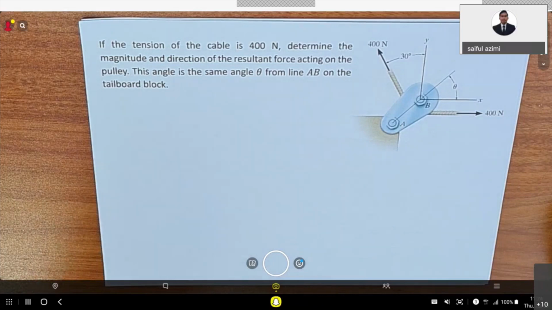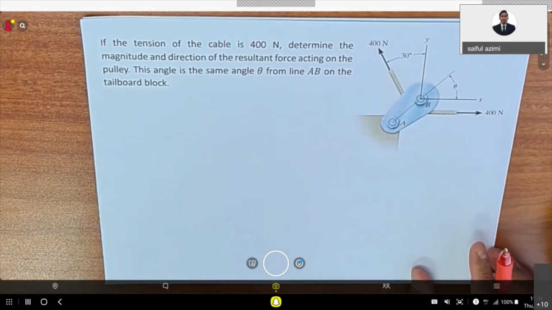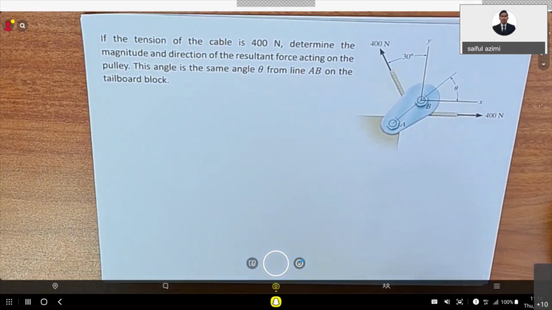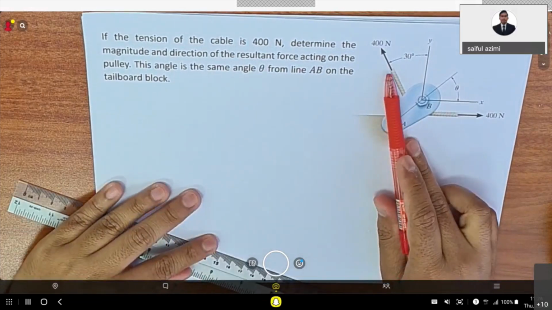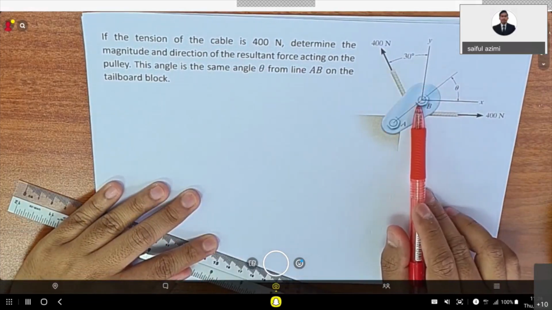It is given the angle from the cable to the y axis here, and we need to find the magnitude and the direction.